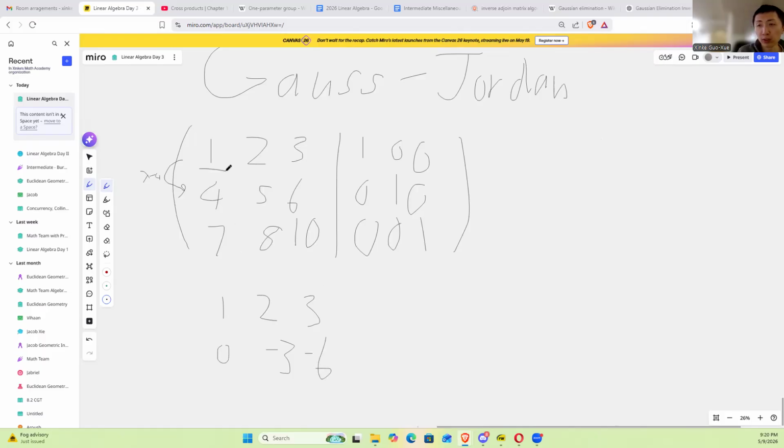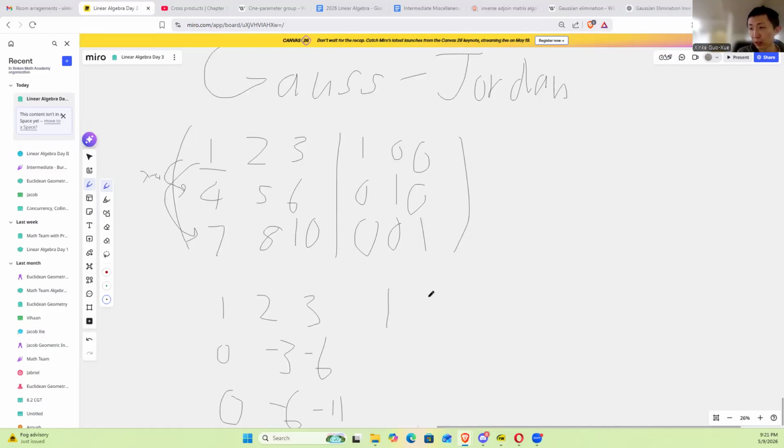And then we're going to use the first row to eliminate the 7 in the third row. So we add -7 times the first row to the third row. So 0, 8 minus 14 is 6, 10 minus 21 is -11.